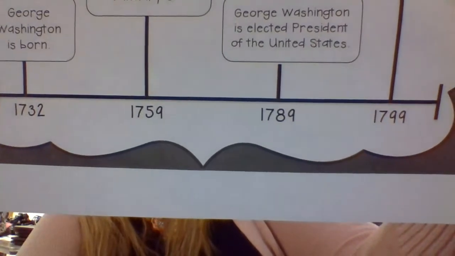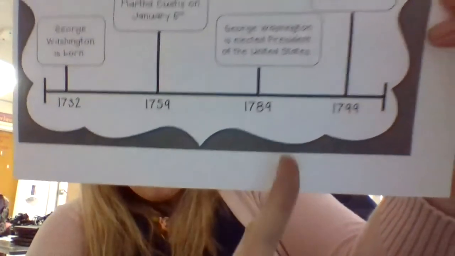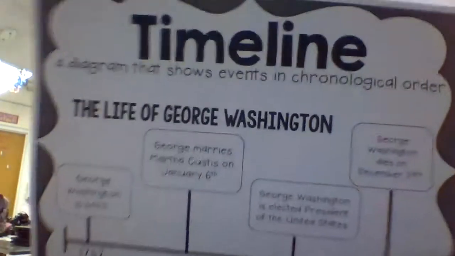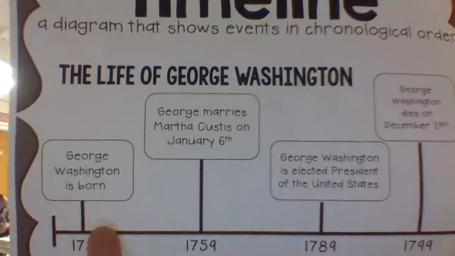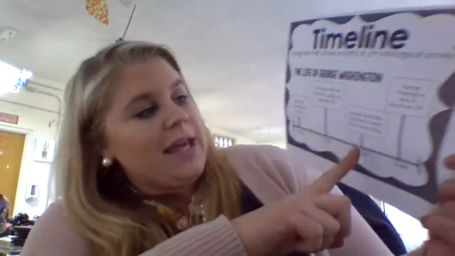We start in 1732, we end in 1799. They go in chronological order. They don't mix the dates up. So this timeline tells us George Washington's born, he married Martha, he was elected president of the United States, and then he died. So that's going to give you information about significant events that happened in somebody's life or in history.